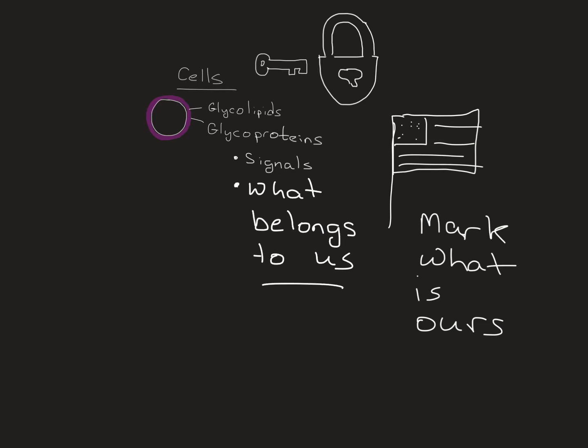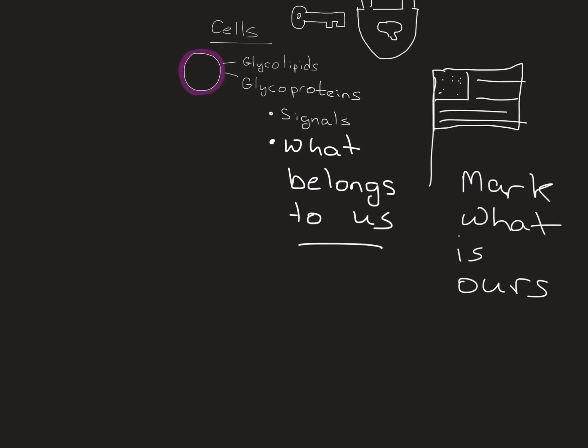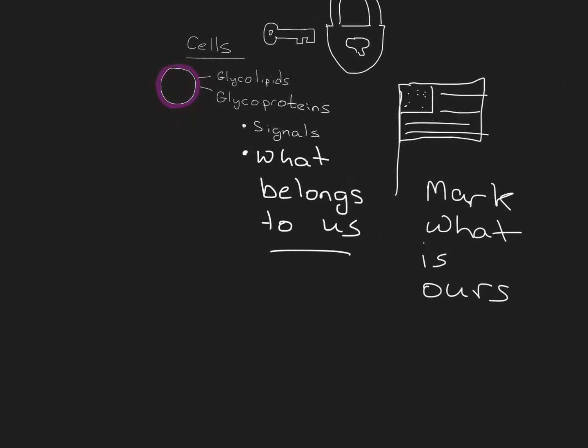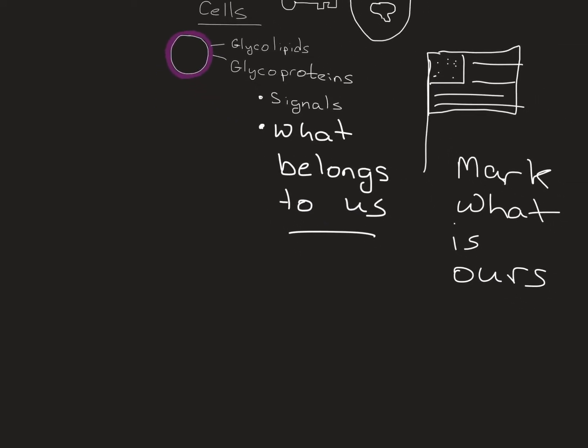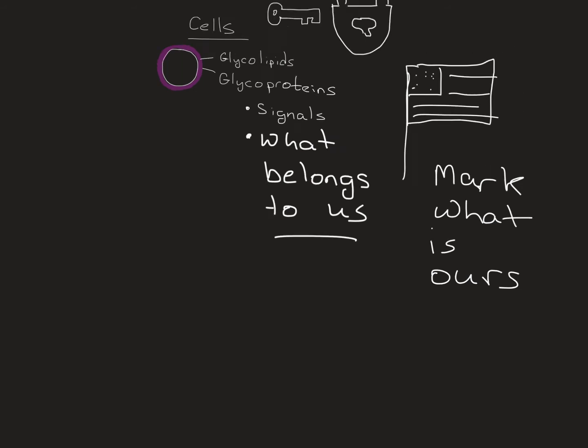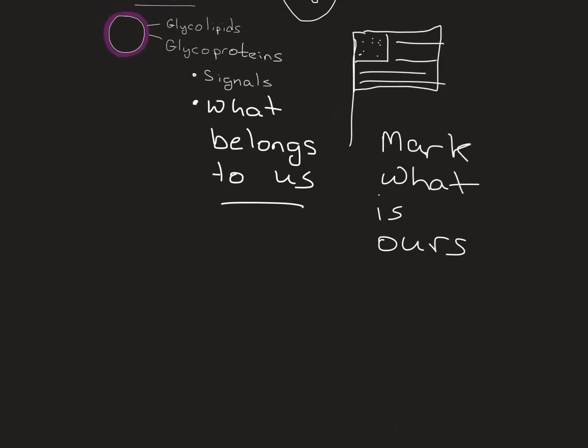What belongs to us? It could be a lock and key. It could be an enzyme in that space outside the cell membrane. What belongs to us? And one example of what belongs to us is this idea of blood groups. You've heard of blood groups before? Yes. What blood groups have you heard of?